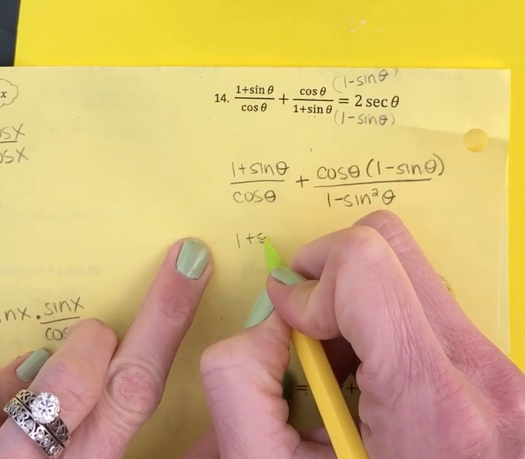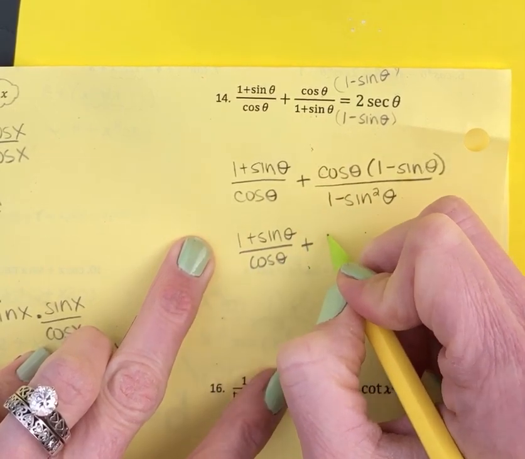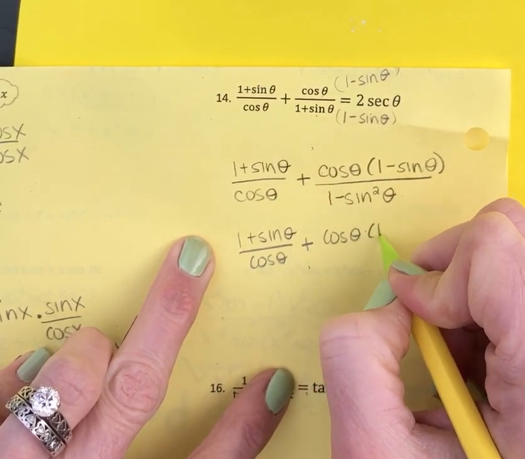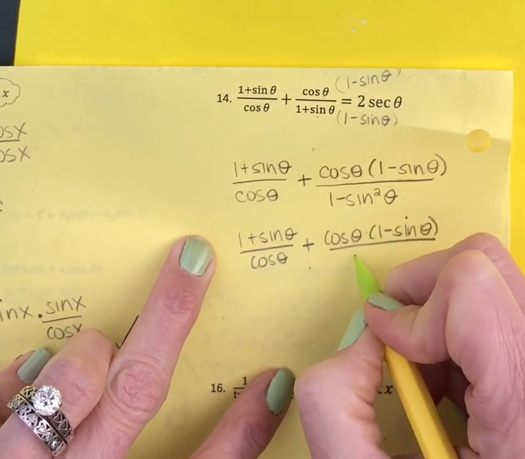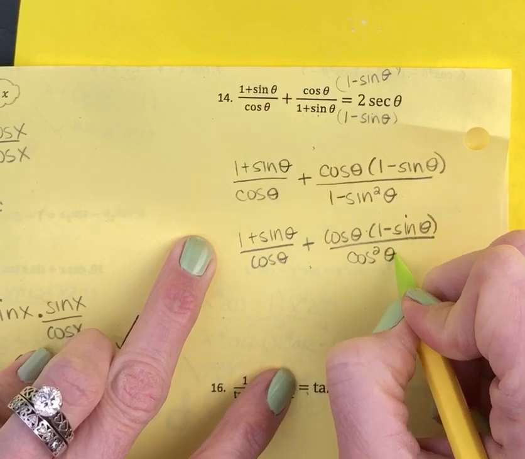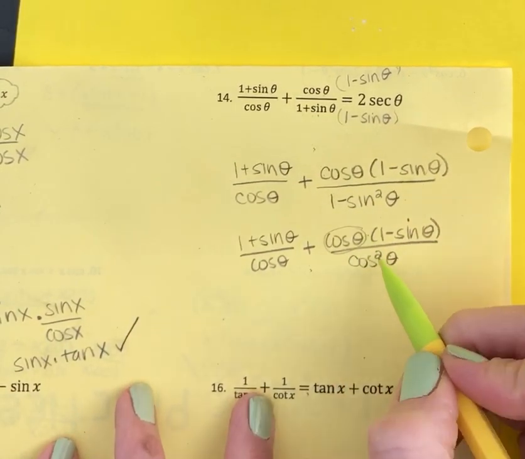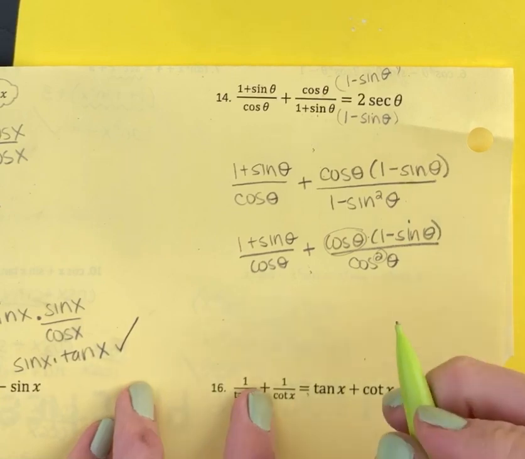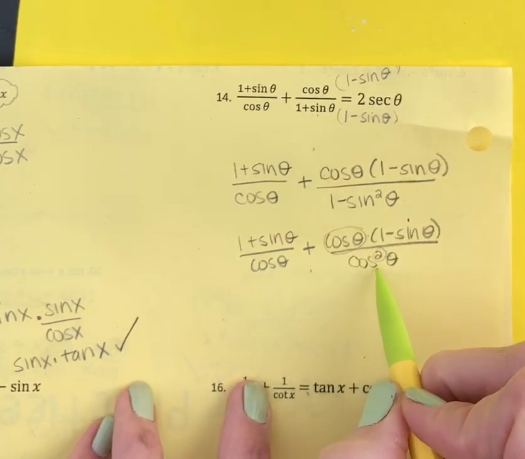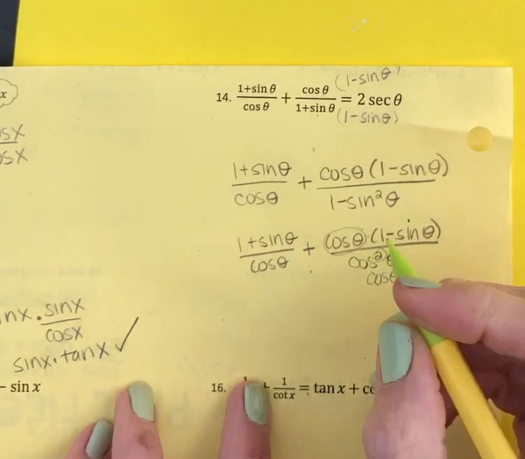All right, I'm still not doing anything to the first fraction. One minus sine squared is cosine squared. So this is why we didn't distribute that, because now my cosine and my cosine squared, I can divide out one of the cosines. By dividing out one of the cosines, this denominator is going to become just a cosine.